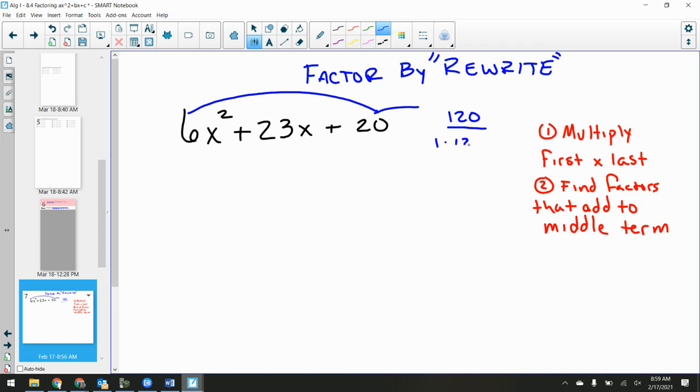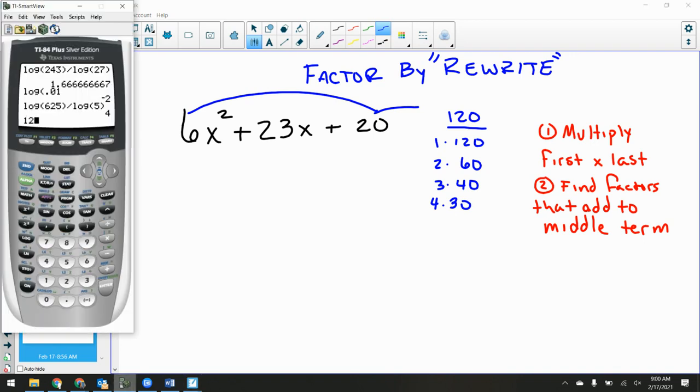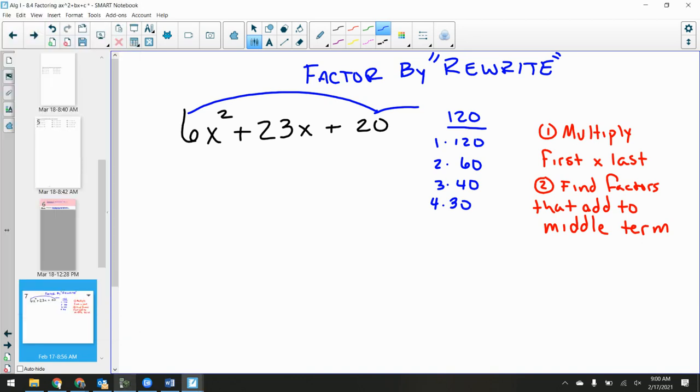1 times 120. Is that one going to work? 2 times 60. Is that one going to work? No. 3 times, is that one going to work? No. 4 times 30, is that one going to work? No, I'm getting smaller with my sums though. Is 5 going to work? Let's check 120 divided by 5. 24. Nope. I'm getting closer though, right?